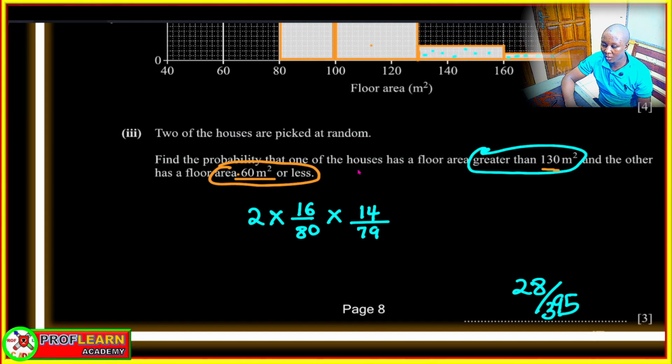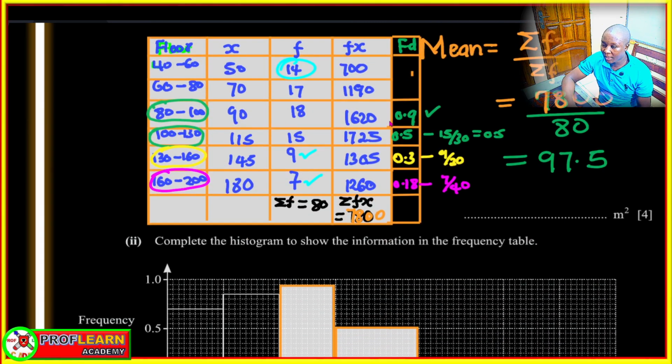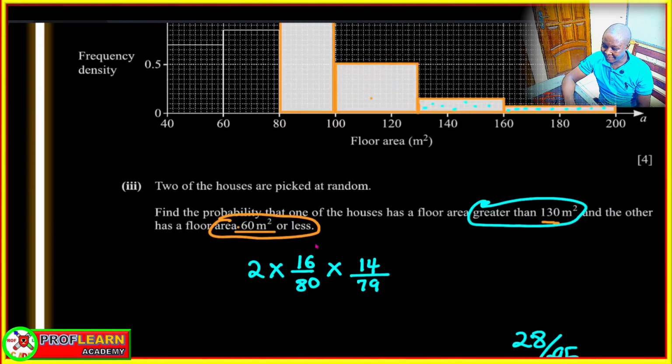If you work it out, you are going to check the total number of houses that have an area more than 120. You can even come here and check 120. Where is 120 here? More than 120. It's going to be 16 over 80 times 14 over 79.